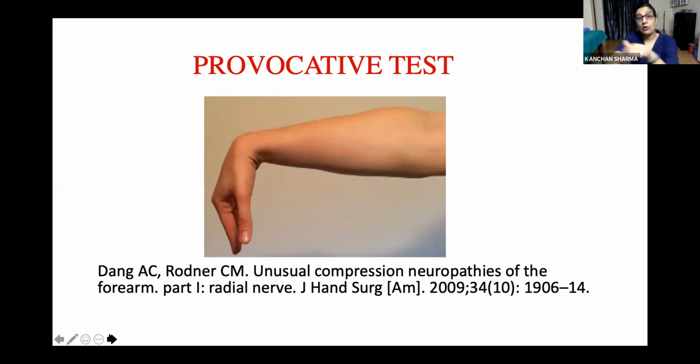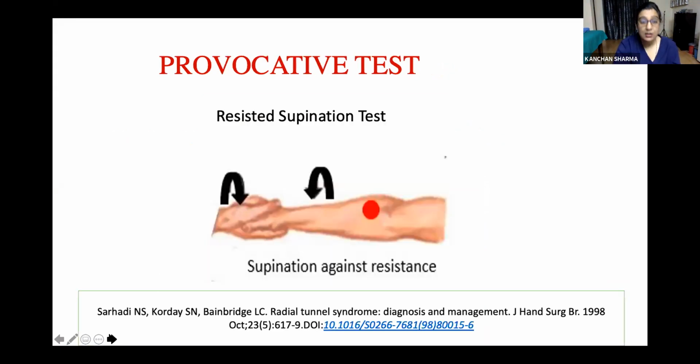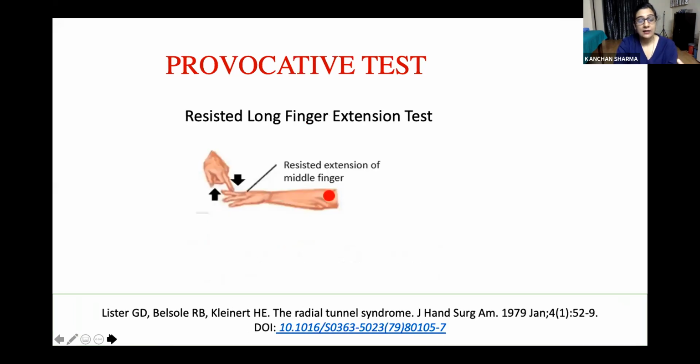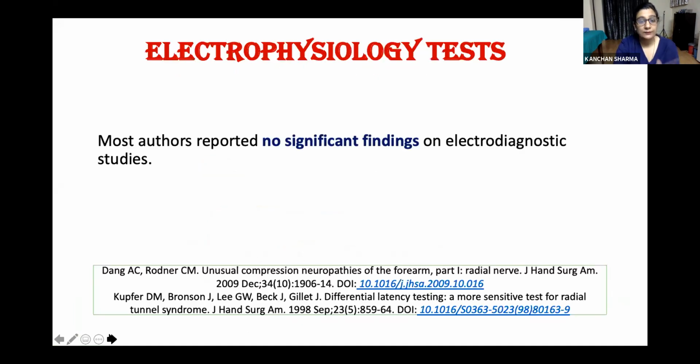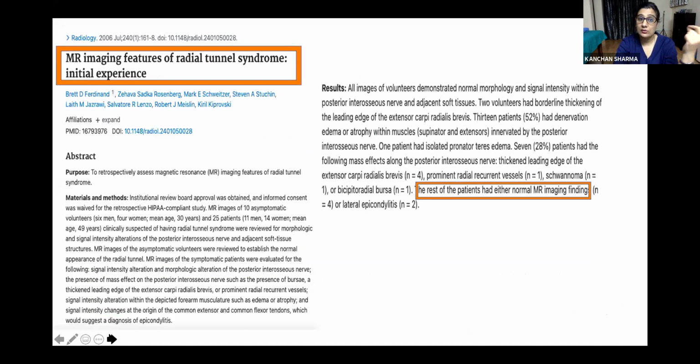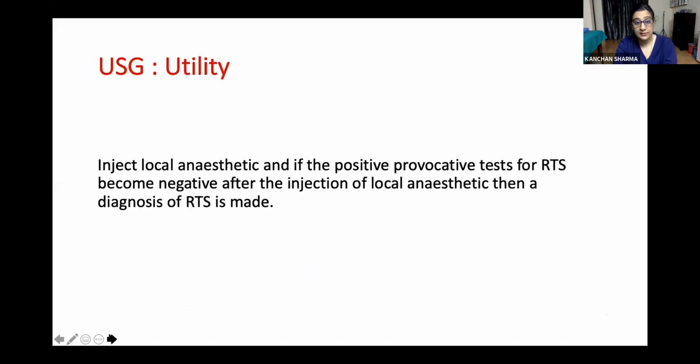The patient will complain of pain exactly in that area. And because this branch supplies the supinator muscle, if you test supination, that will be painful. Then if you go for an electrophysiology study, as I have said, the nerve will be perfectly normal. MRI is also normal in radial tunnel syndrome.